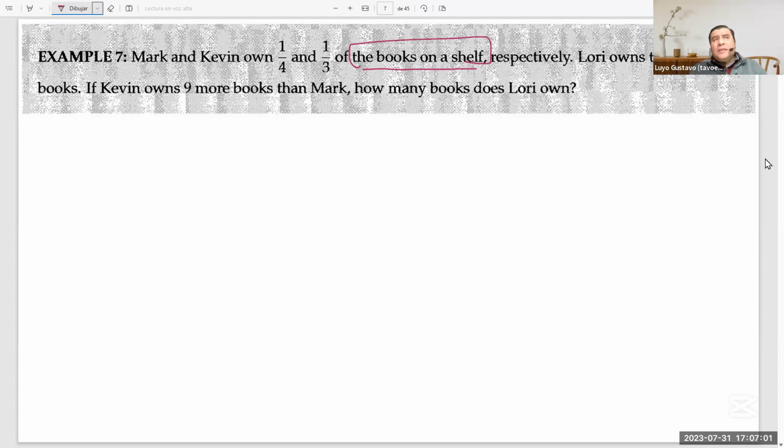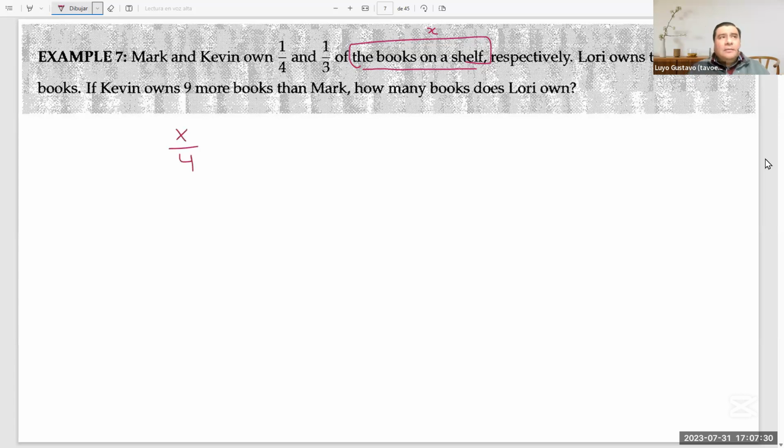It is more convenient to work with this total number than assign as our unknown the books that Lori possesses. Instead of saying that Lori's books will be X, let's define the total number of books as X. This will make it easier to get to the answer. So if Mark has 1/4 of the books, that means that Mark's books are this quantity.